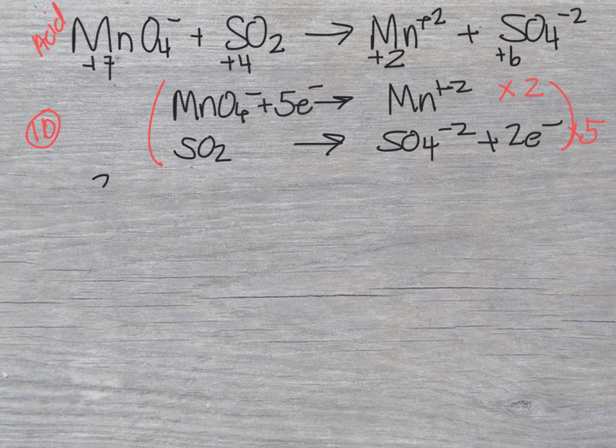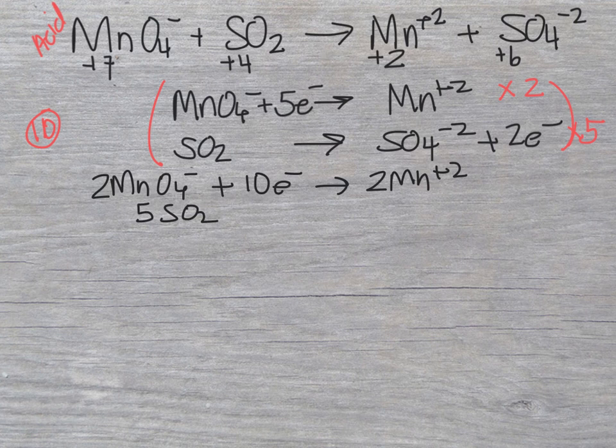We're going to have our 2 MnO4 minus and 10 electrons, making 2 Mn plus 2. And our next line down, we're going to have 5 SO2, making 5 SO4 minus 2s and 10 electrons.